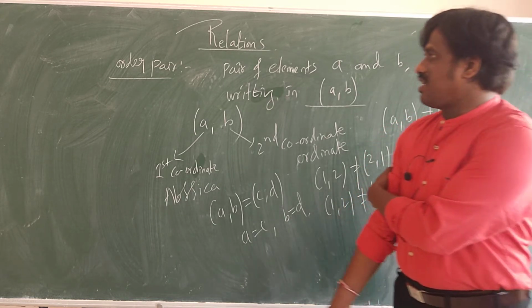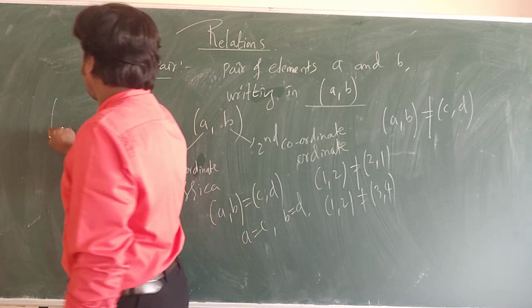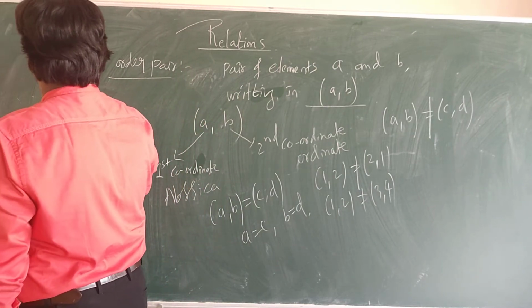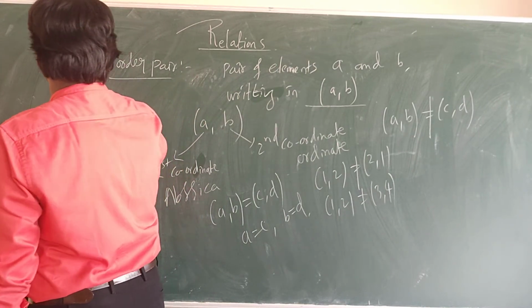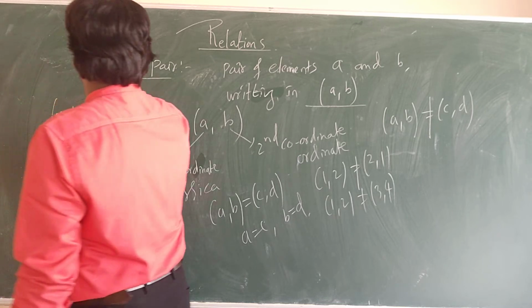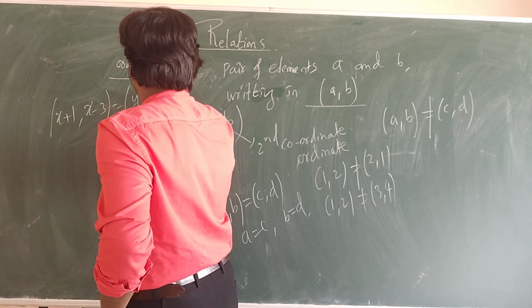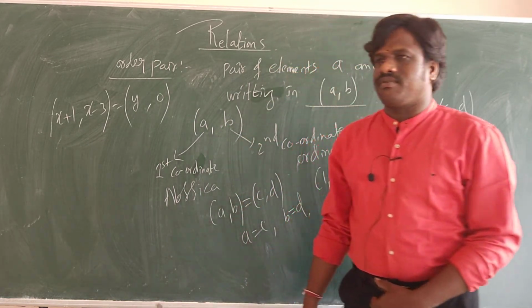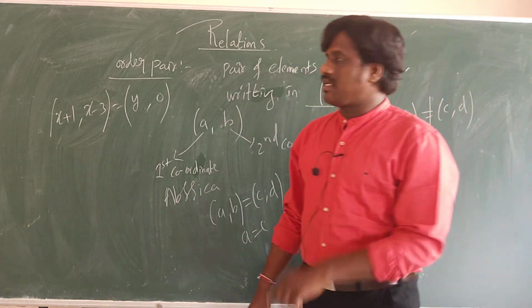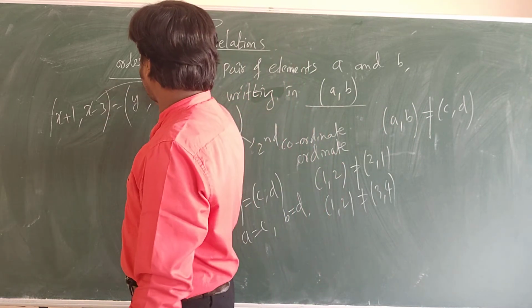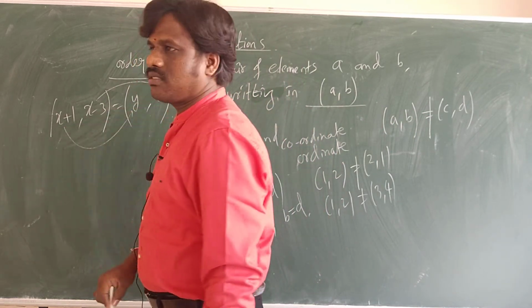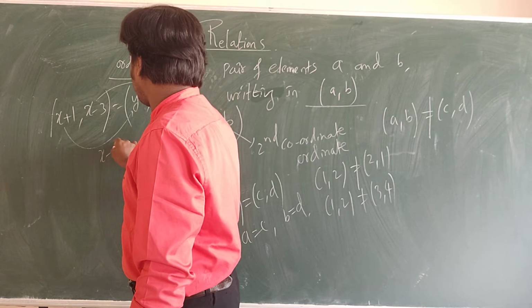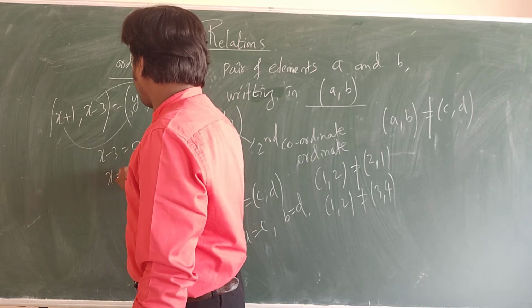Suppose there is a question like x plus 1 comma x minus 3 is equal to y comma 0, and you want to find the x and y values. Equating the second coordinates, x minus 3 is equal to 0, therefore x is equal to 3.